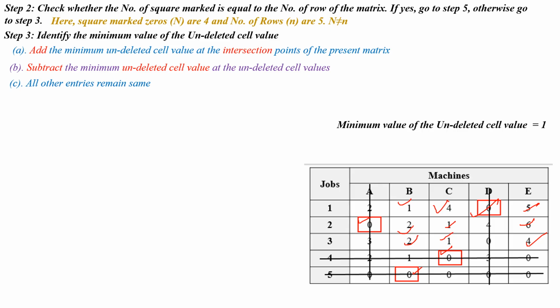First we have to add the minimum undeleted cell value at the intersection points of the present matrix. Here these are the intersection points.